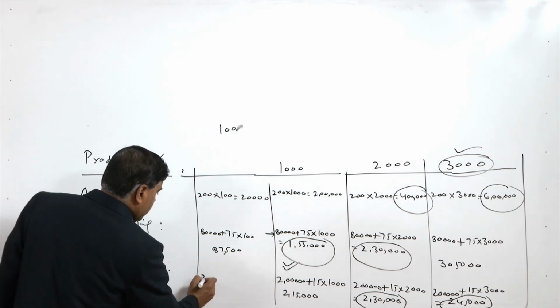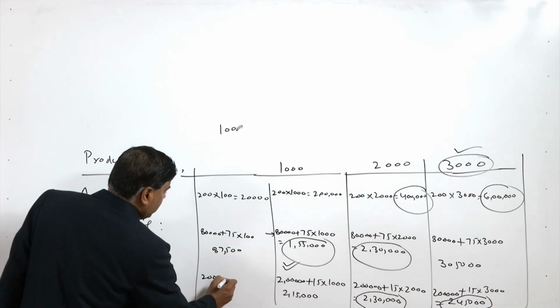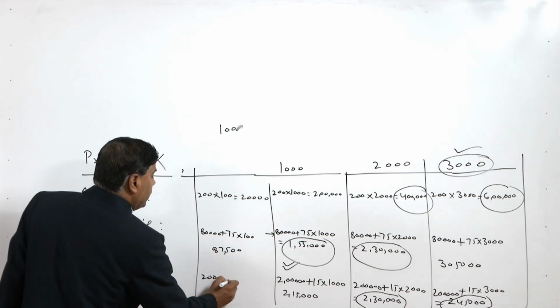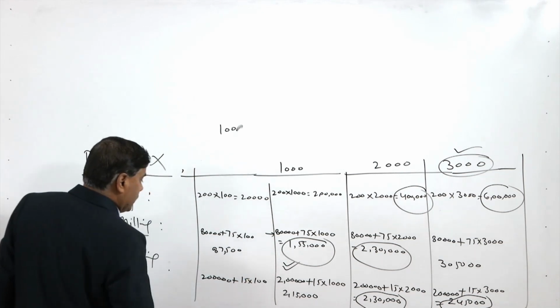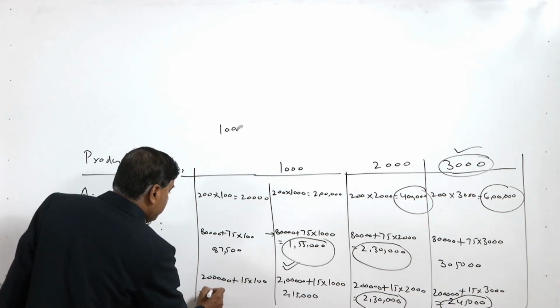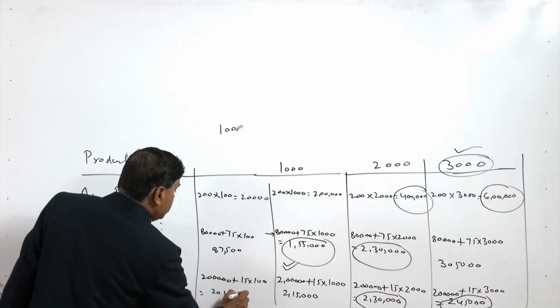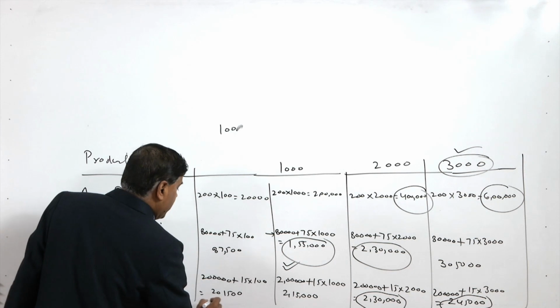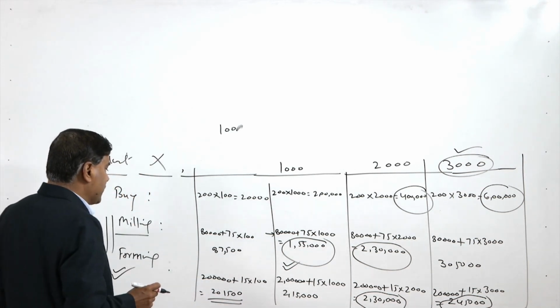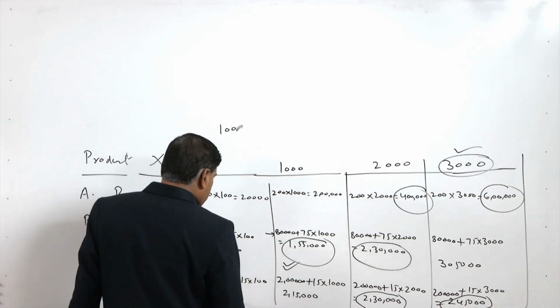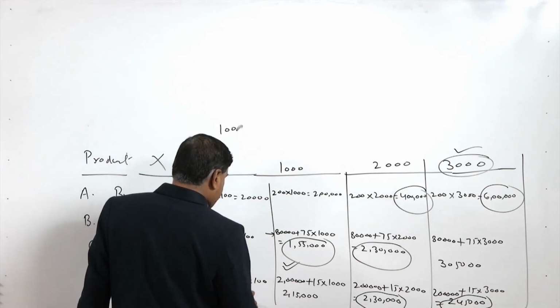So, 87,500. And 2 lakhs for the third option: 2 lakhs plus 15 into 100. So, the total price will be 201,500, that is 2 lakhs 1,500.